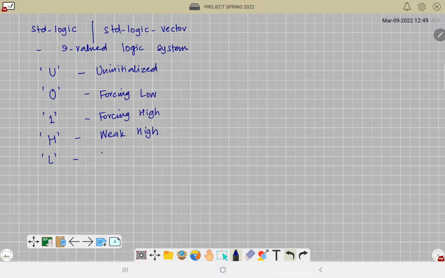Then again we have L, which is weak low. If you are defining 0 volt as your strong low, then if it is 0.5, 0.6, we consider this as a weak low. Then we have don't care, वो आपने डिजिटल इलेक्ट्रॉनिक्स में पढ़ा होगा. कितने आ गए, 1 2 3 4 5 6. Then we have X, we call it forcing unknown.